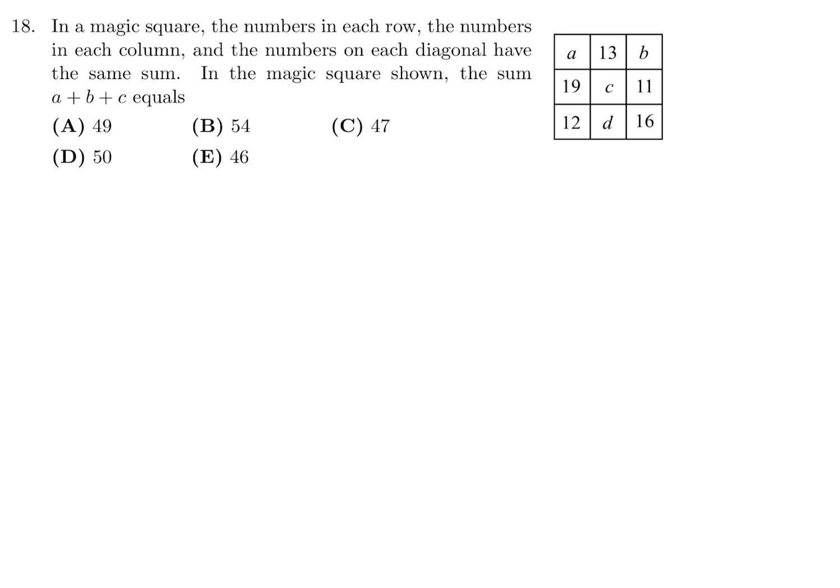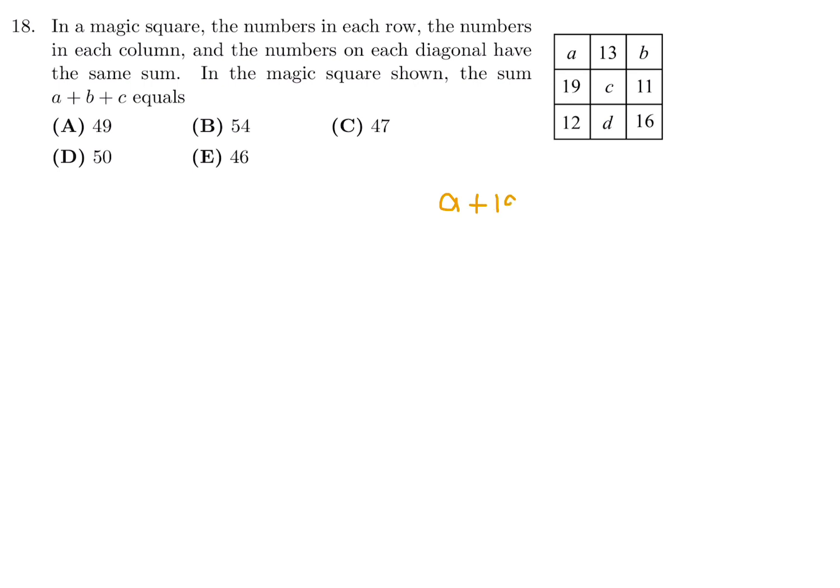In a magic square, the numbers in each row, the numbers in each column, and the numbers on each diagonal have the same sum. In the magic square shown, the sum A plus B plus C equals. All right, so this one here and this one I will equate.